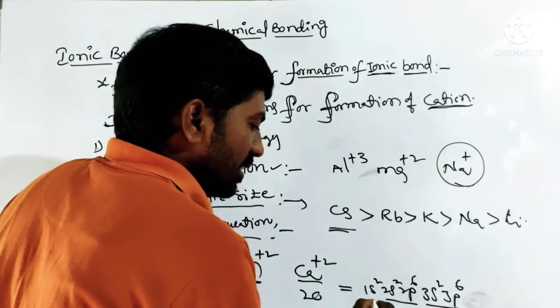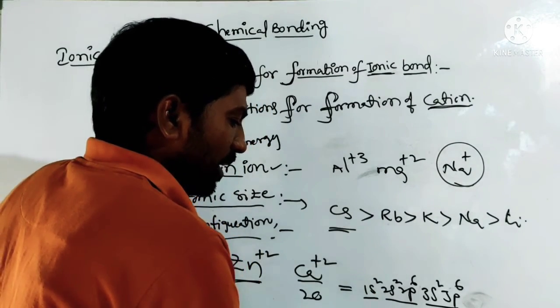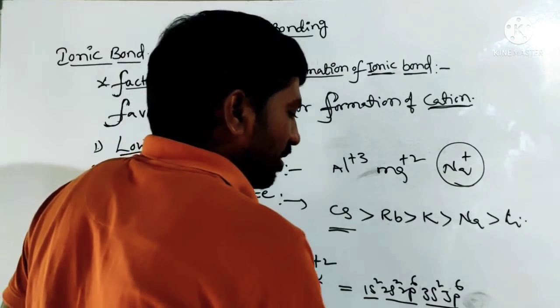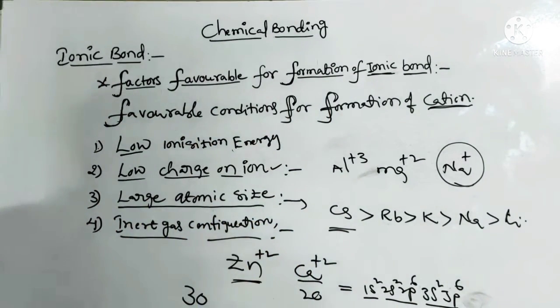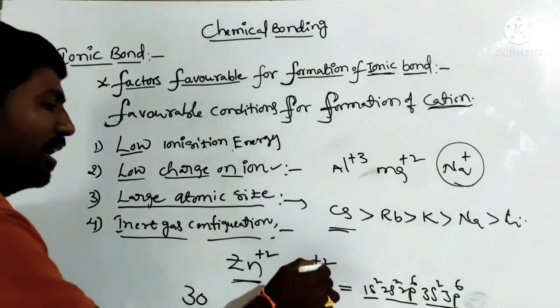The second shell also has 8, and the first shell has only 2 electrons. So with 8 in the valence shell, it is the most favorable condition for formation of cation.